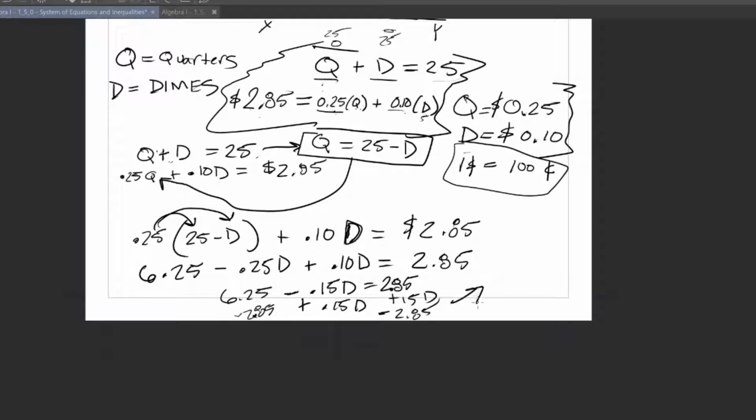Sorry, this is kind of rough, but this will give us, I'm going to write this out. 6.25 minus 2.85 equals 0.15 D, divided by 0.15. And again, D is going to be 22.6. But again, you can't have 0.6 dimes, so you would round that off.